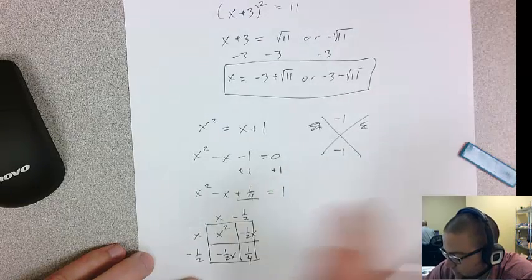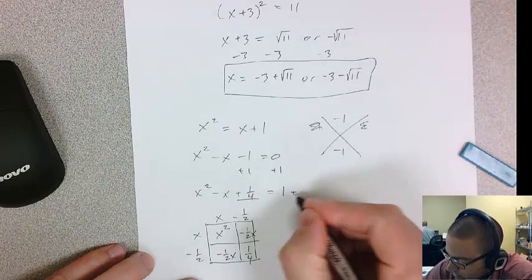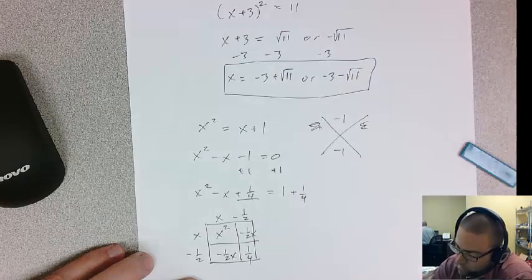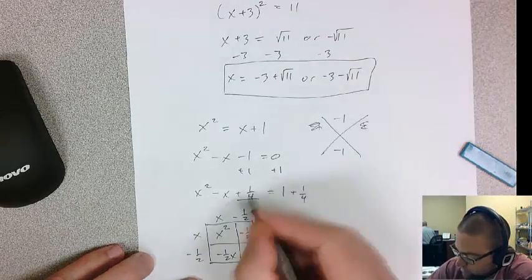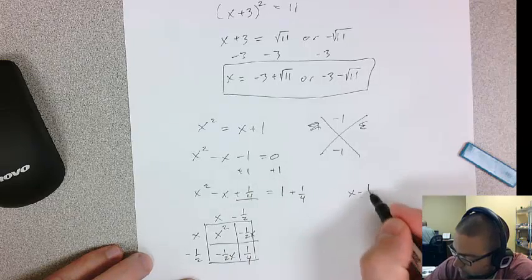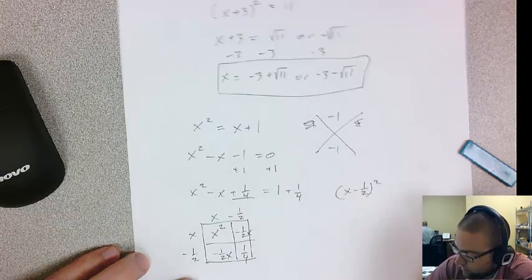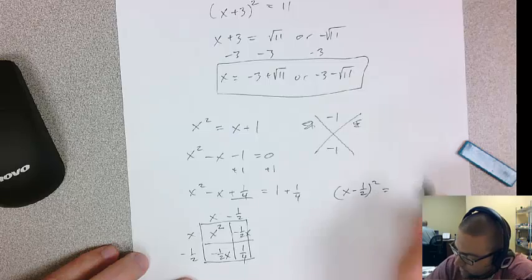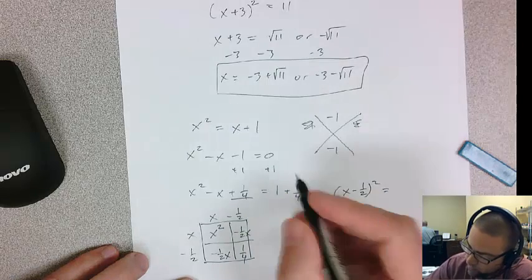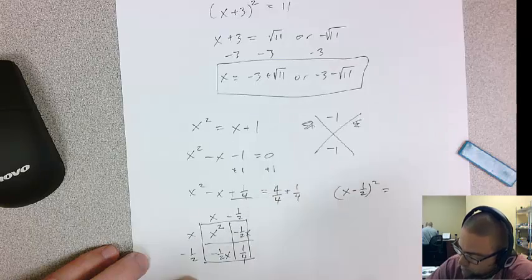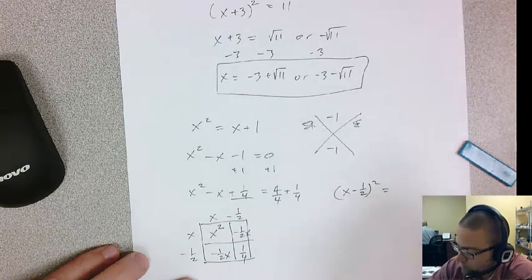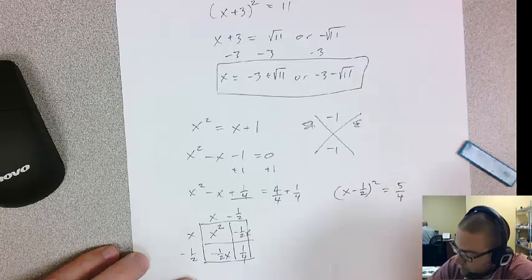So to add 1/4 to that side, I have to also add 1/4 to this side, and my square is completed. So this is equivalent to x minus 1/2 quantity squared, and this is equal to, let's see, 1 is equivalent to 4/4, so 4/4 plus 1/4 is 5/4.